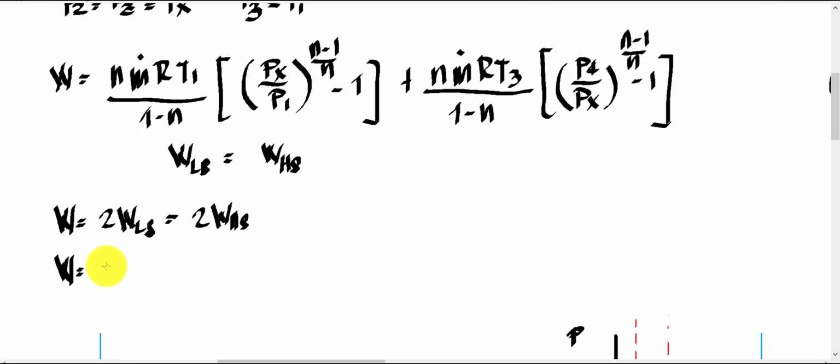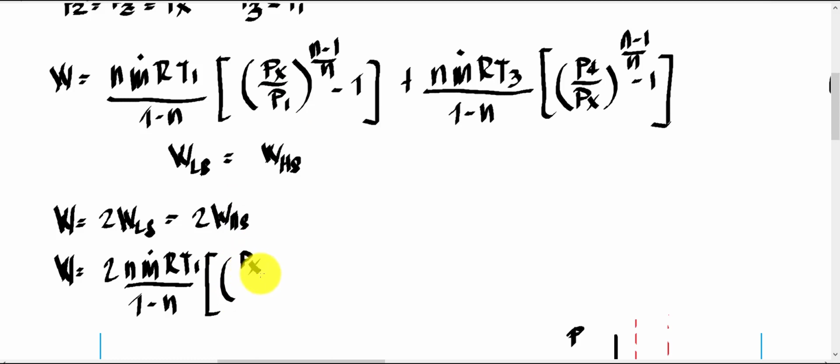So we can write our equation that will be 2 times your N, mass flow rate times your R T sub 1 divided by 1 minus N. Then we substitute that one. Let's say we don't use the Px here, but we use the work at the low compressor since we are equal now.